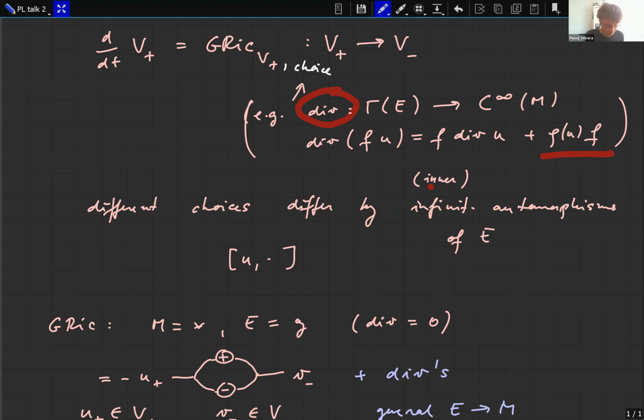And that section of E is, well, it's the difference of those two divergences, but okay, not quite. One has to project that then to V plus. So something like that. The formulas become really nice when one uses divergences for those choices and not a connection. But that's a slight technical point.